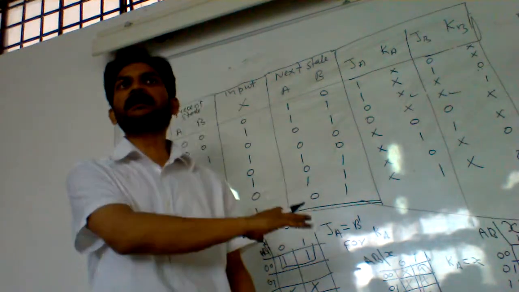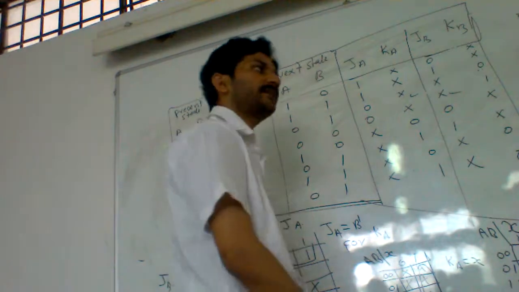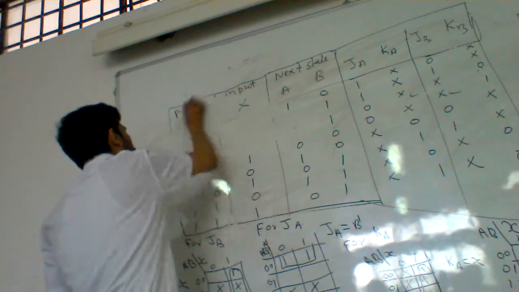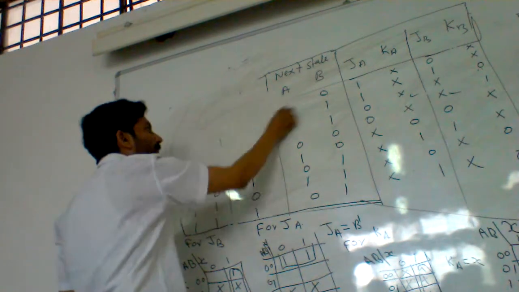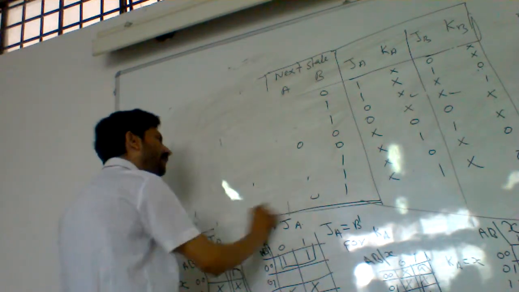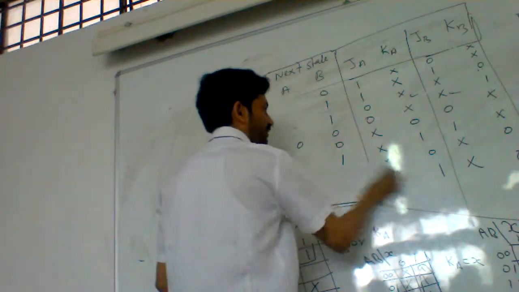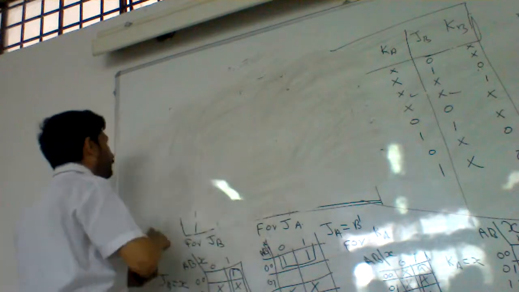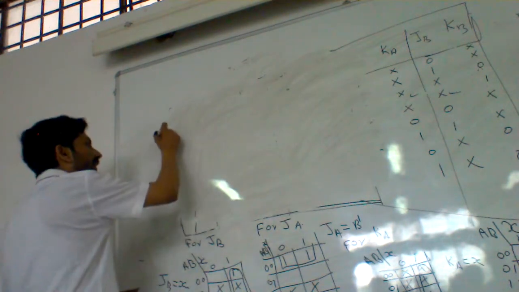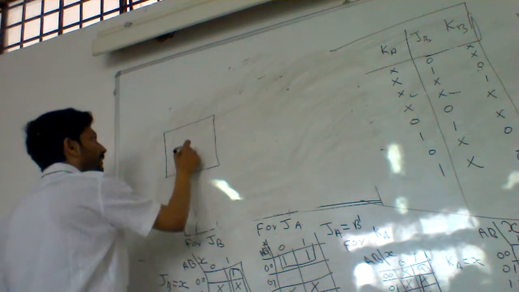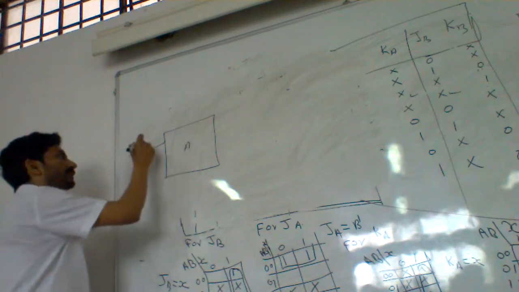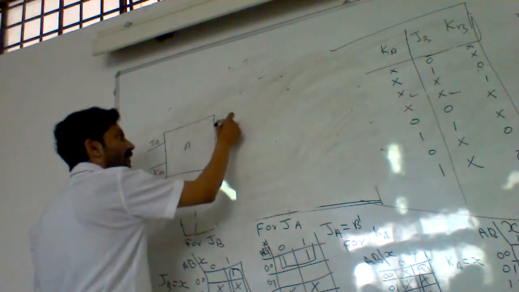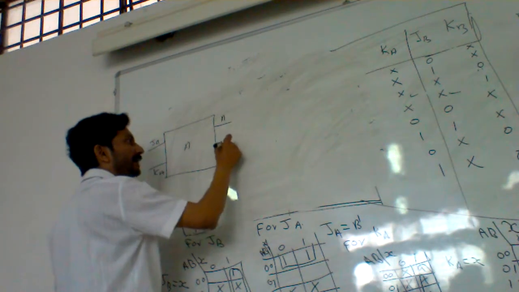Next and final step, draw the circuit diagram. There are two flip-flops A and B, and one input that is X. Suppose this is your flip-flop A. This is A, with inputs JA, KA, and outputs A and A dash.